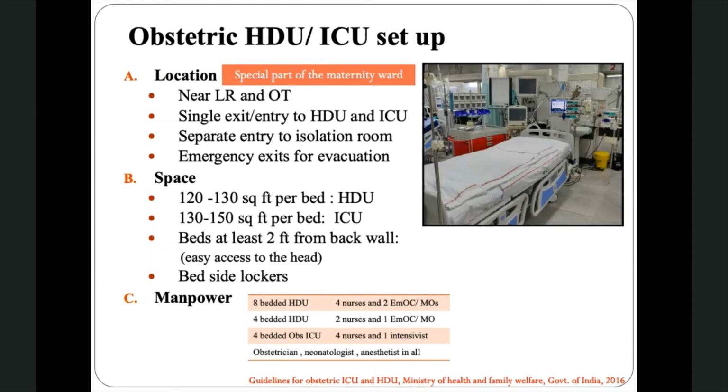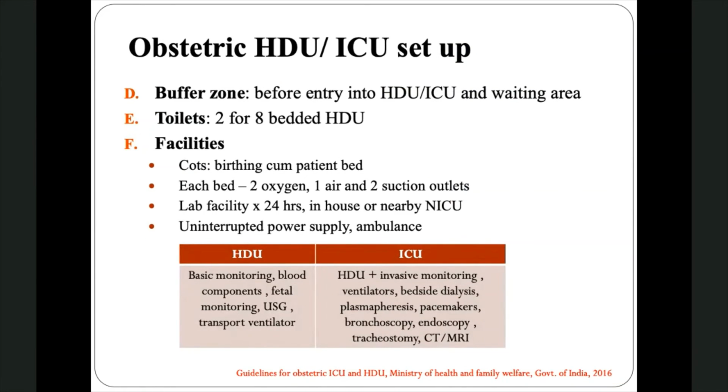For 4 beds, it is 2 and 1. There should be a buffer zone before entry into HDU and ICU, and a waiting area. This is something you need to remember for exam purposes, what is required for HDU and ICU setup.